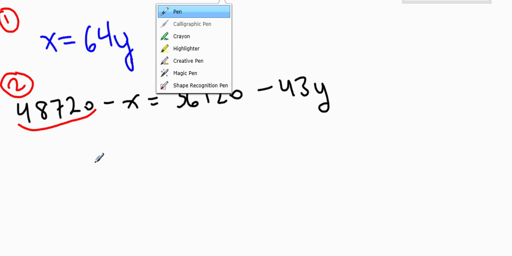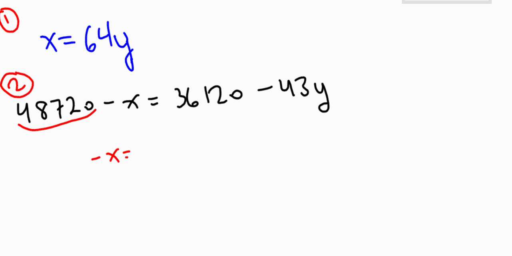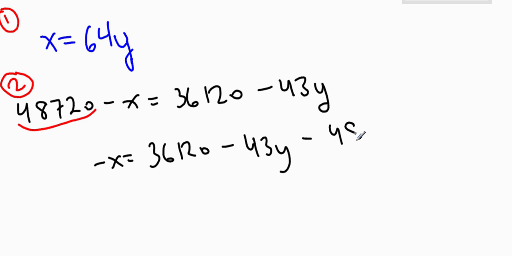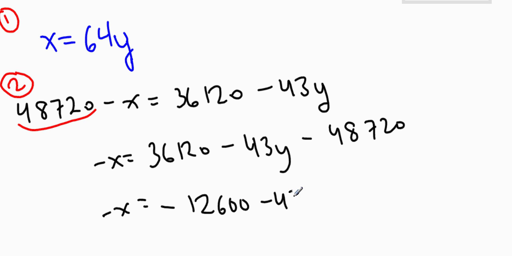So I'll have negative x equals 36,120 minus 43y minus 48,720. So what does that give me? 36,120 minus 48,720 gives me negative 12,600 minus 43y. So now I'm going to divide both sides by negative 1 and put it into a nicer looking order.